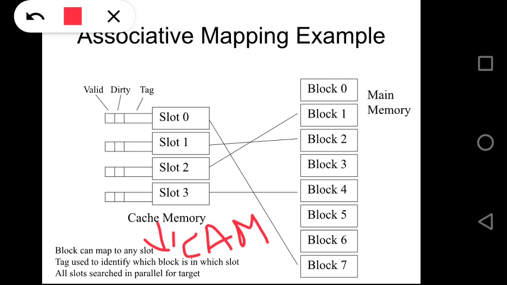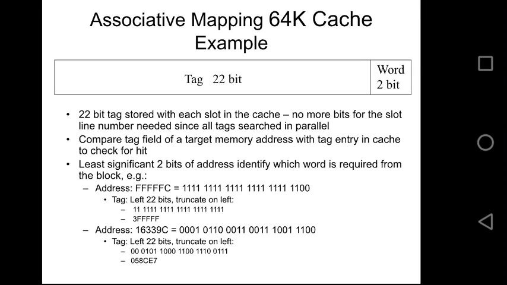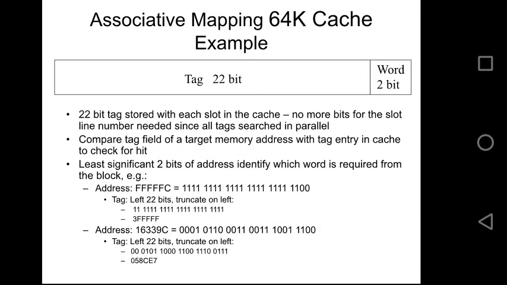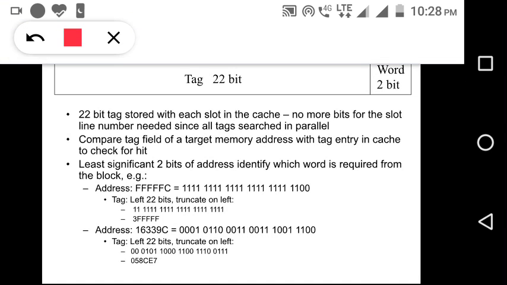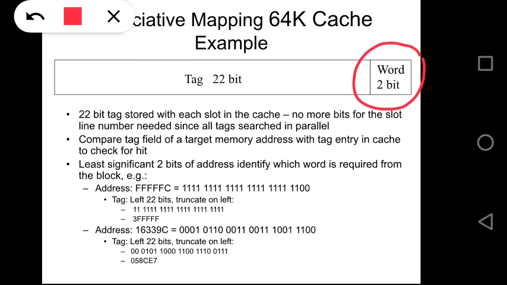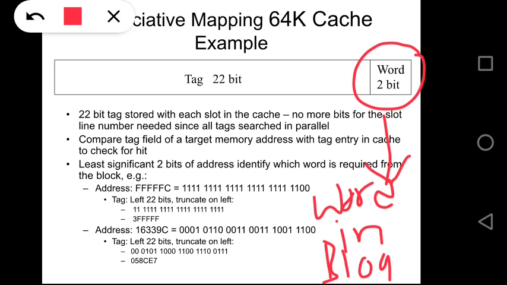So next we see an example of associative mapping. What associative mapping does: remember, the main memory address is divided into two parts. One is to search the particular word, and the remaining bits are called the tag.